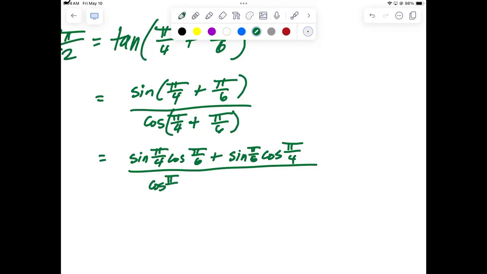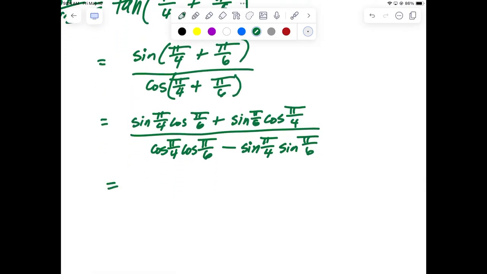Cosine of the first, cosine of the second. Change the sign, minus sine of the first, sine of the second. Whoo! How's that feel? Feels amazing. It's a lot of writing, but hey, at least it's easy because we know what we're doing.